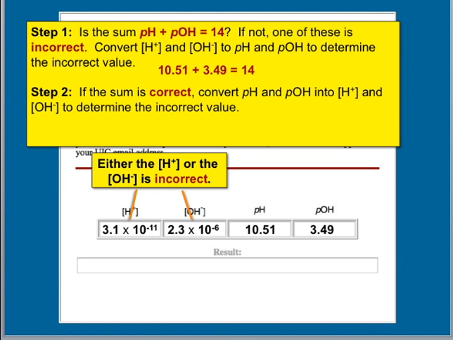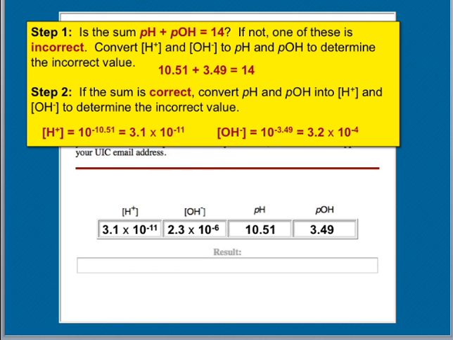All right. Step 2, if we get our sum correct, convert these into hydronium and hydroxide and determine the correct value. So our pH, 10.51. 10 to the minus 10.51 is 3.1 times 10 to the minus 11. That's right. 3.49 is actually 3.2, which is not this.